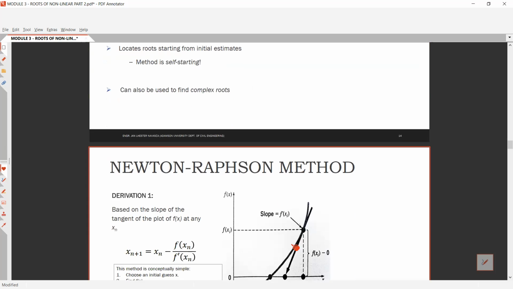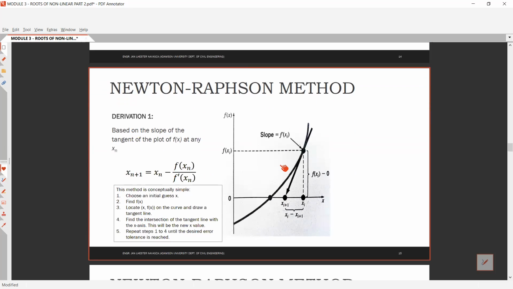Okay. For the Newton-Raphson method, we have this equation based on the slope of the tangent. Okay, x sub n plus 1 is equals to x sub n minus f of x sub n over f prime of x sub n. Okay, so this method is conceptually simple, kasi ito lang yung mga algorithm.